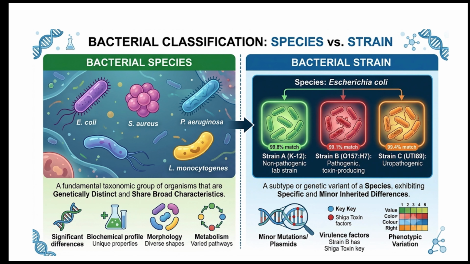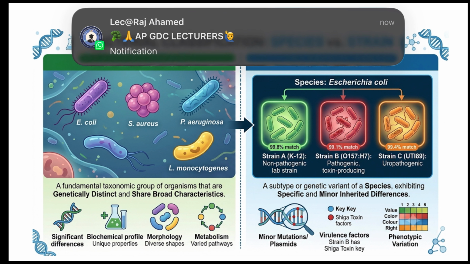Whereas the variable region of these 1540 nucleotides definitely differs from one bacterium to another. So if 97% of the nucleotides out of this 1540 are similar between the two bacteria, then we can group the two bacteria into one category.